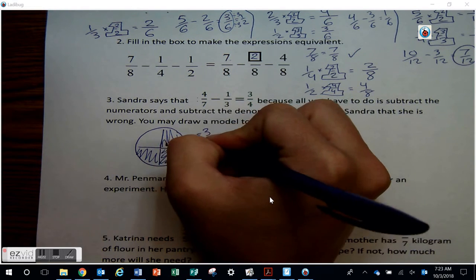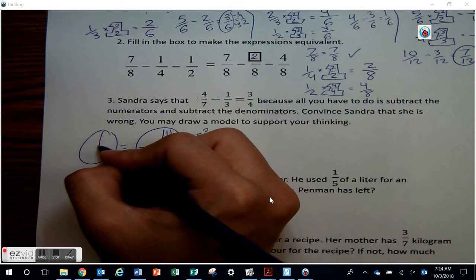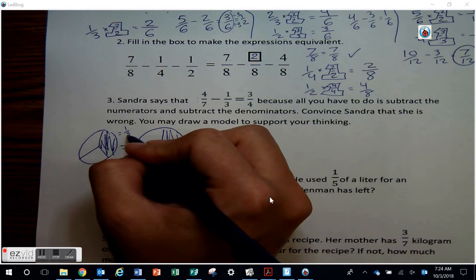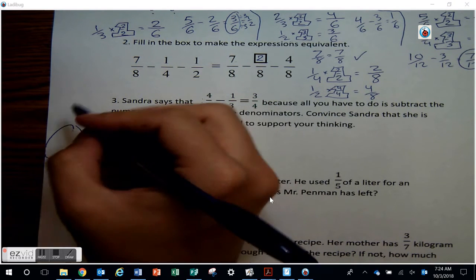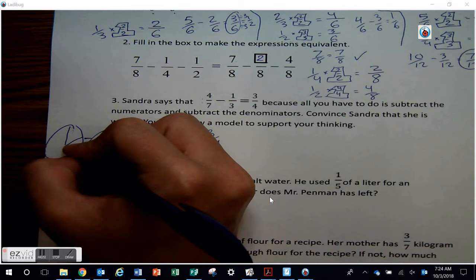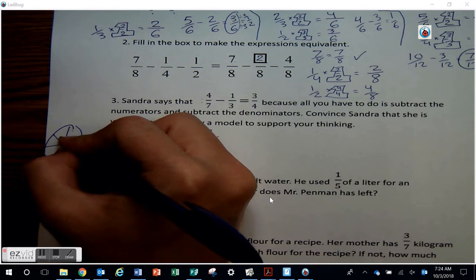And they're saying when I subtract 1/3 from 4/7, let's see, 1, 2, 3, 4, 5, 6, 7.